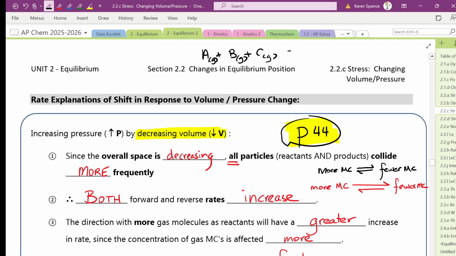And then in the reverse reaction, you've just got D. So if you have the forward rate, that's going to be equal to k times, let's just assume that this is A times B times C. Assume it is a single step process.